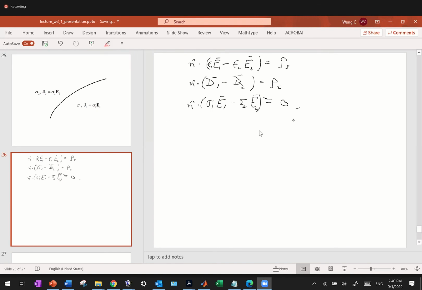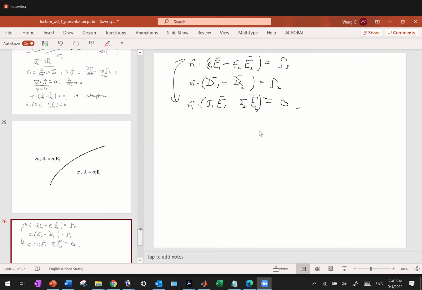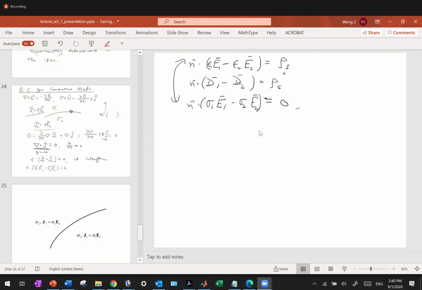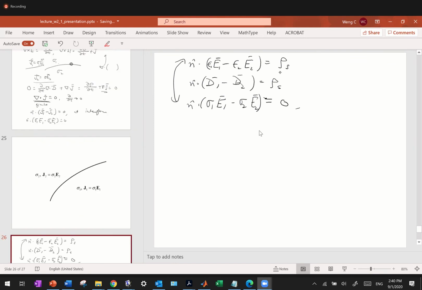Aren't these two in contradiction with respect to each other? Both of them have something to do with the normal component of the electric flux, but they're different. Are they compatible with each other? That's a question we like to ask ourselves. Well, they're compatible as long as rho of s is not 0.